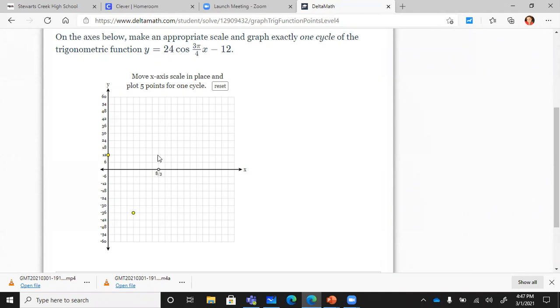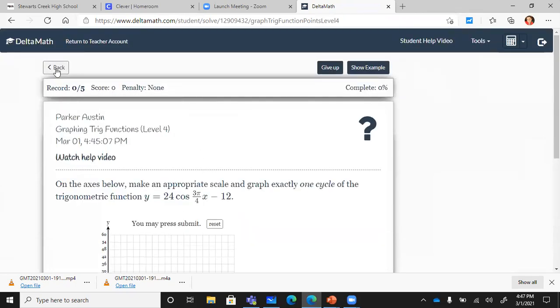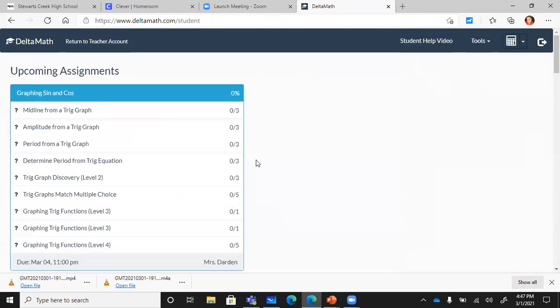And then at 8/3, I'm back up again. Halfway in between, I hit the axis at negative 12, and there and there. It's easier on your paper, and then try to transfer it over here. Let me know if you guys have any questions.